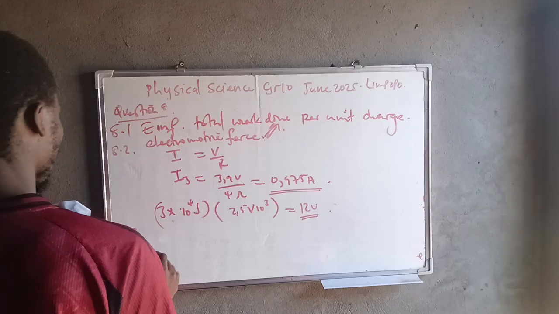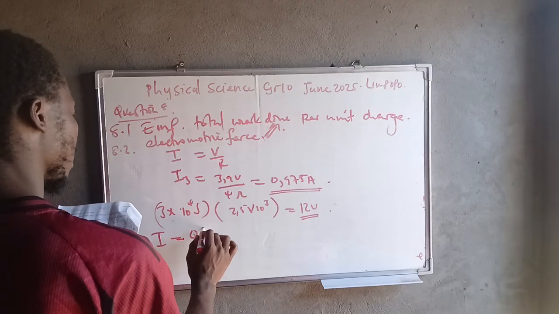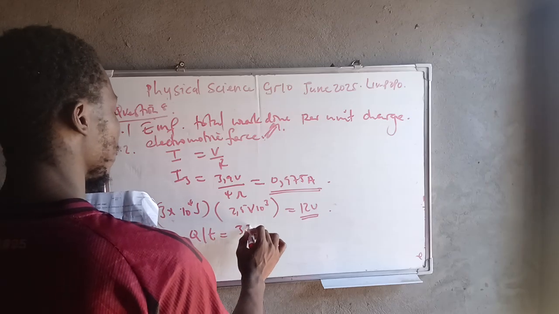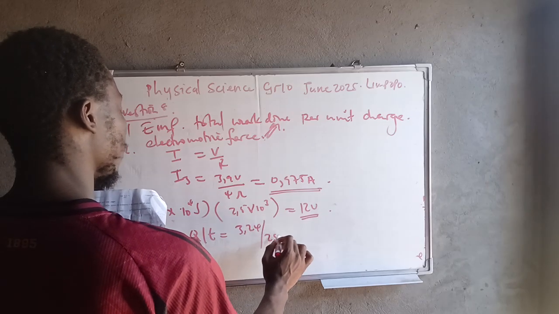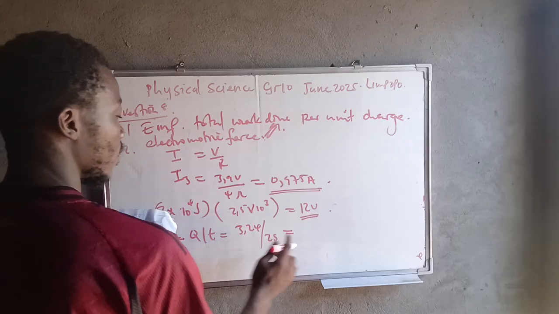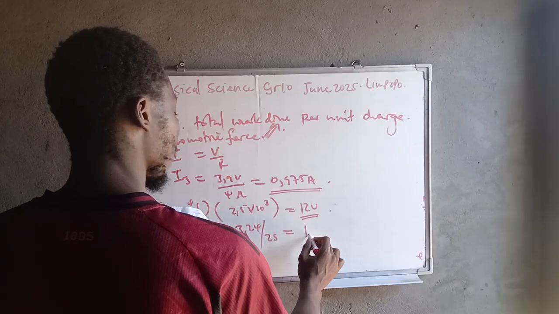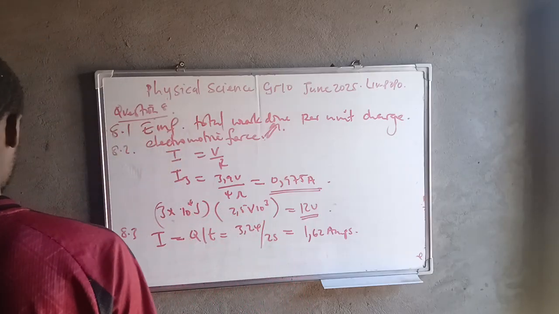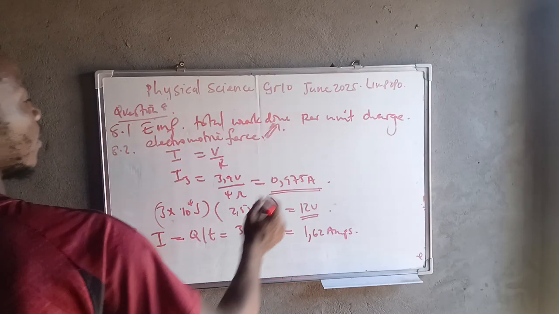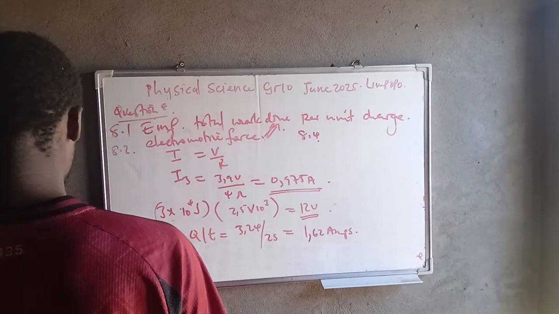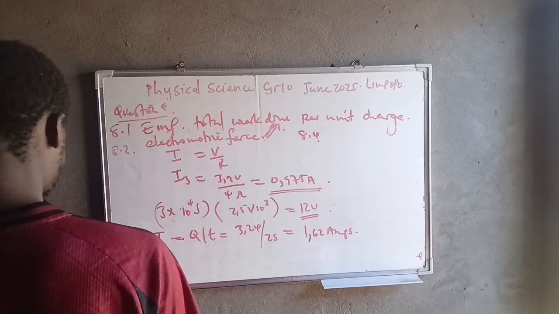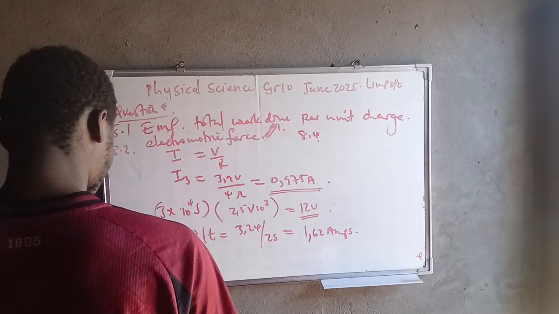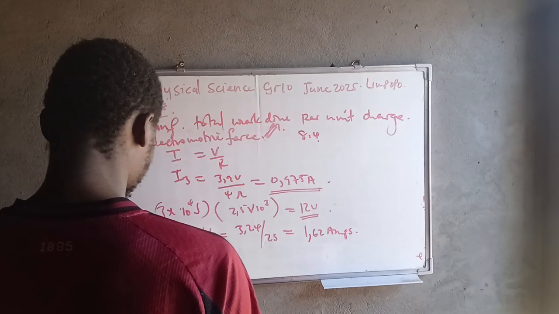So I'm going to say I equals Q over t, which equals 3.24 divided by 2 seconds. If we divide that, we are going to get 1.62 amps. Then question 8.4. If the reading of the ammeter A2 is 0.65, determine the reading of the ammeter A3.